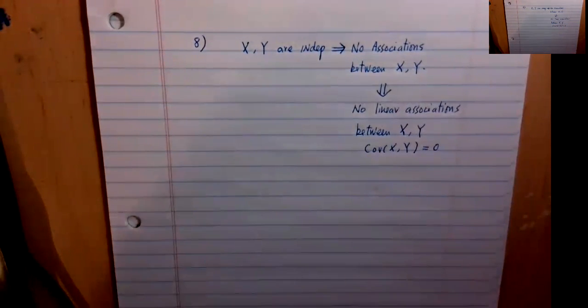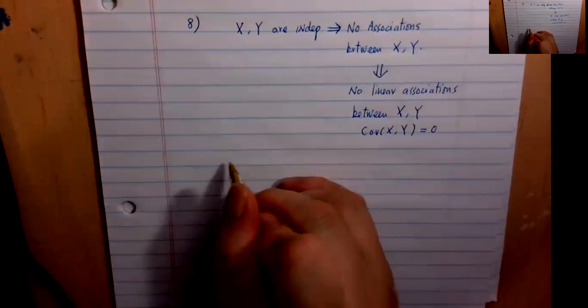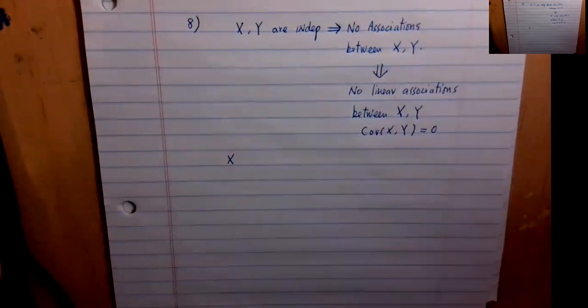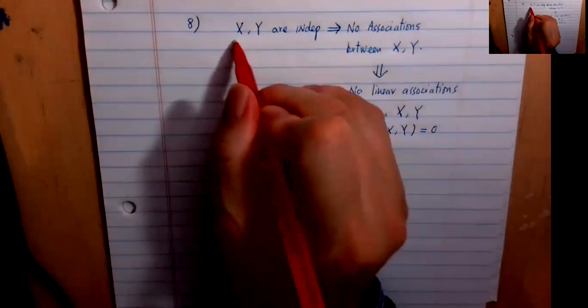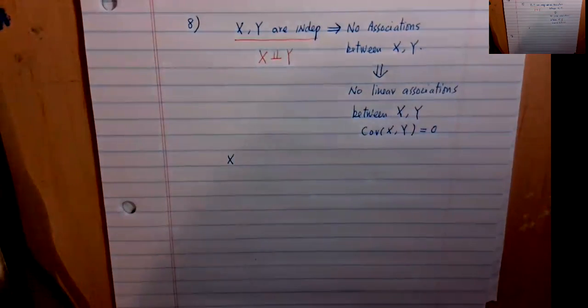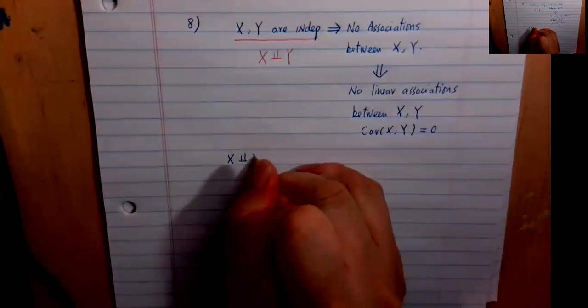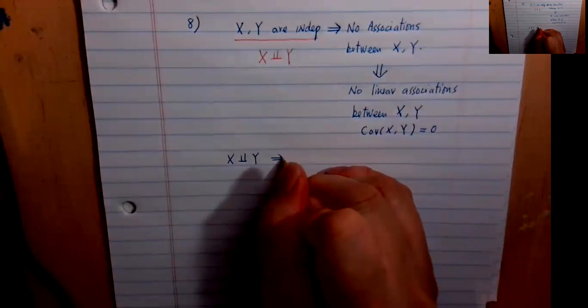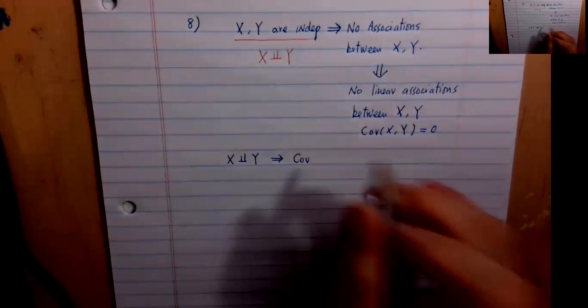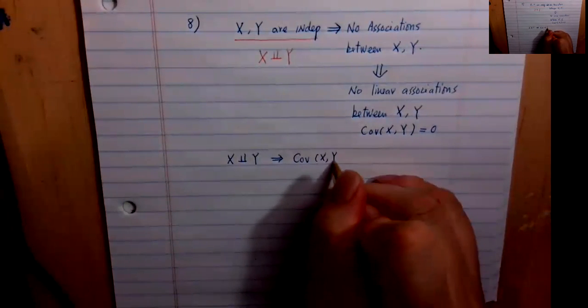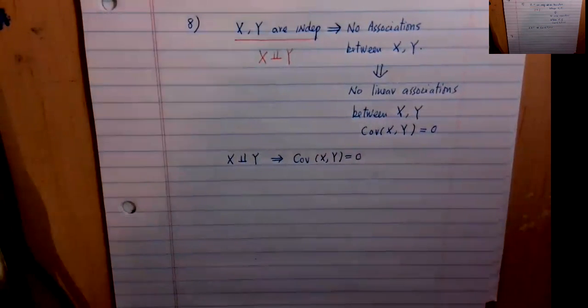Okay, so let's summarize this again. If X and Y are independent, this is my shorthand notation, X independent with Y, this implies covariance XY equal to 0.